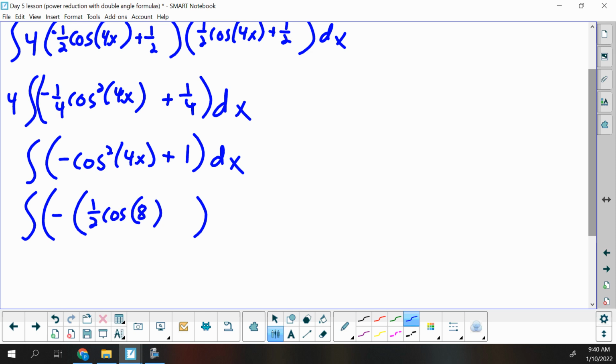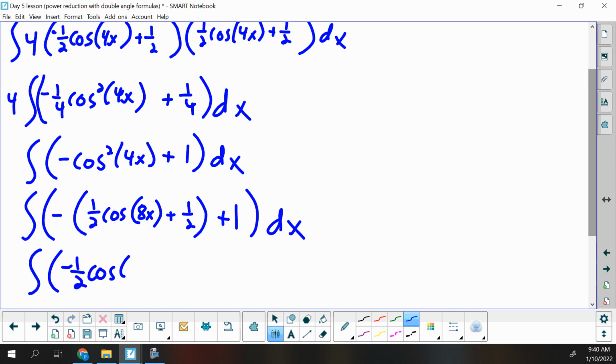The inside should get doubled, so we've got 8x now. And then we've got plus 1/2. Then we've got the plus 1 that was from there originally, and then dx. So if we distribute our negative and combine like terms, we're going to have a negative 1/2 cos 8x. We'll have a negative 1/2 combining with the positive 1 to give us positive 1/2 dx.